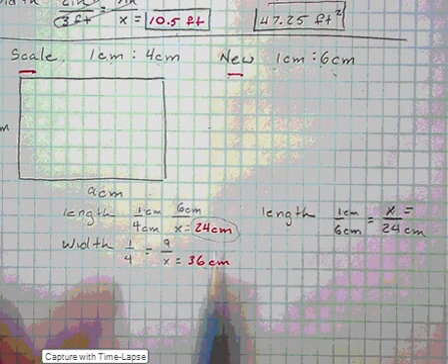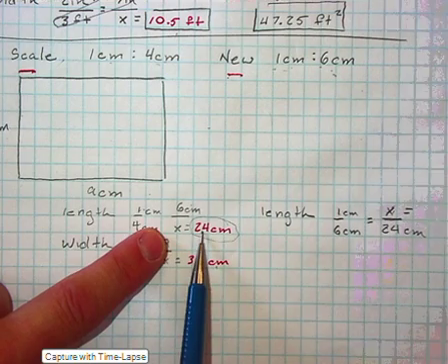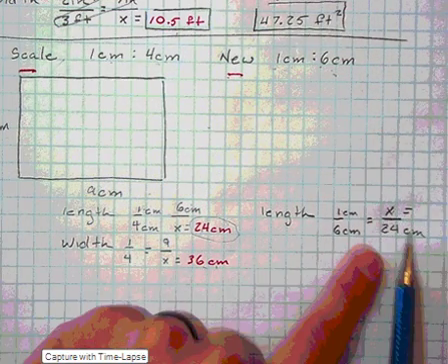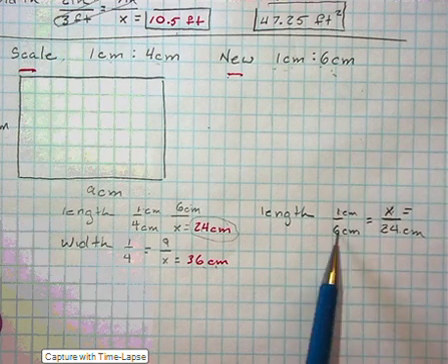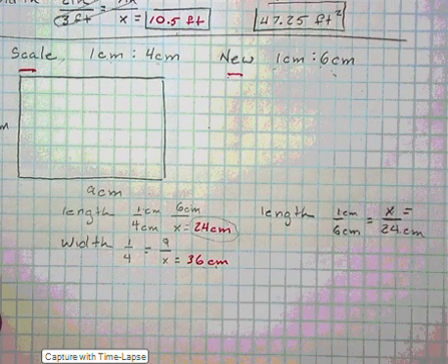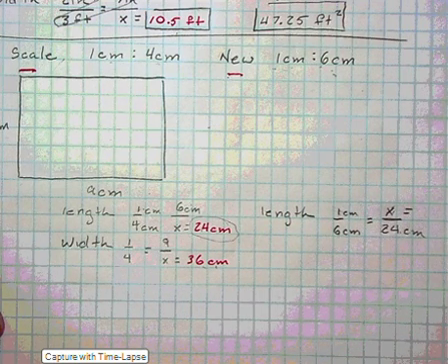It's the reverse of here. Here I knew the map, I'm finding the actual. Here I know the actual, I'm looking for the map. Multiply diagonally, divide by my leftover number. So what is that going to be on our new map? 4.